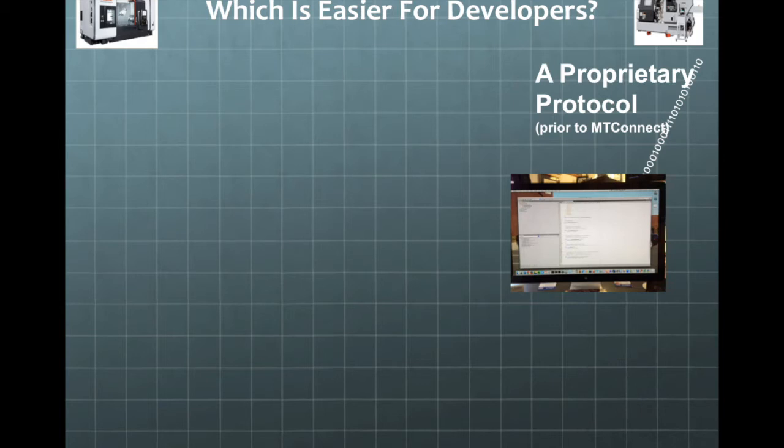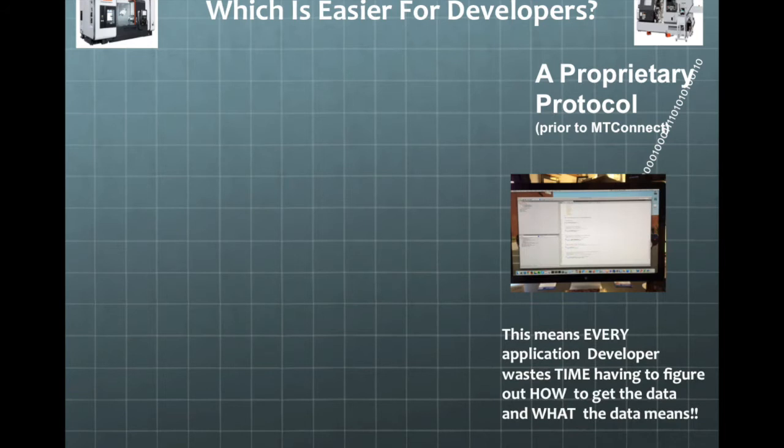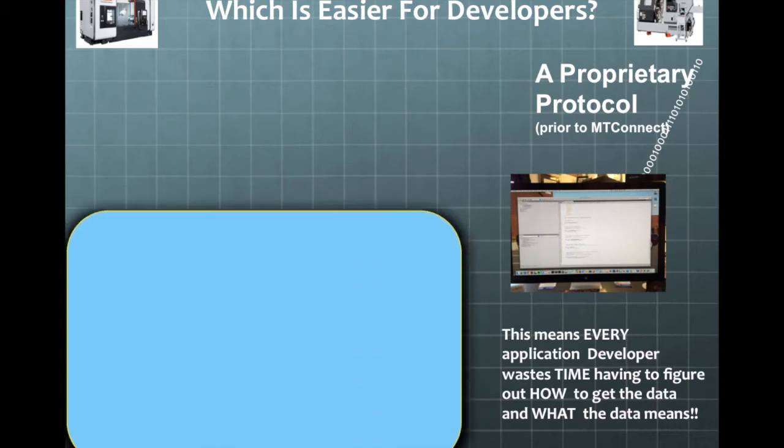That didn't lend itself to ease of use in terms of getting data from these systems. Developers have to waste time figuring out what all this data means. Typically developers like to create value, as opposed to banging their head against a brick wall just to get the data before they can start adding value.